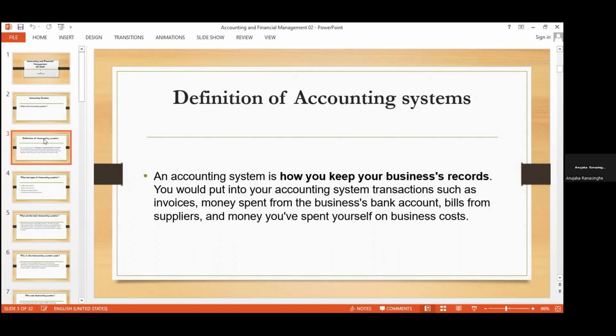How we spend for our business, how we keep our bank accounts and bills, all the transactions, keeping records, keeping a process, we call the accounting system. This is the accounting system.